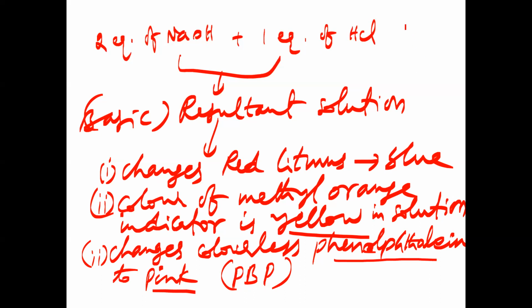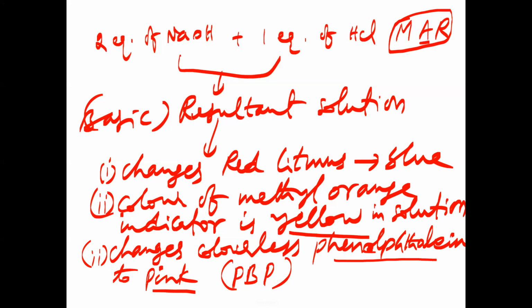And also remember one more thing, MAR. MAR means methyl orange indicator in acidic medium, red. A means acidic medium. Methyl orange indicator in acidic medium, which color will be there? Red will be there.